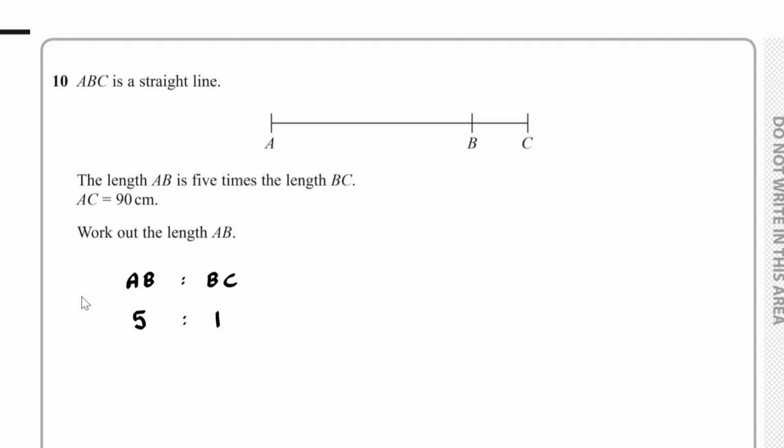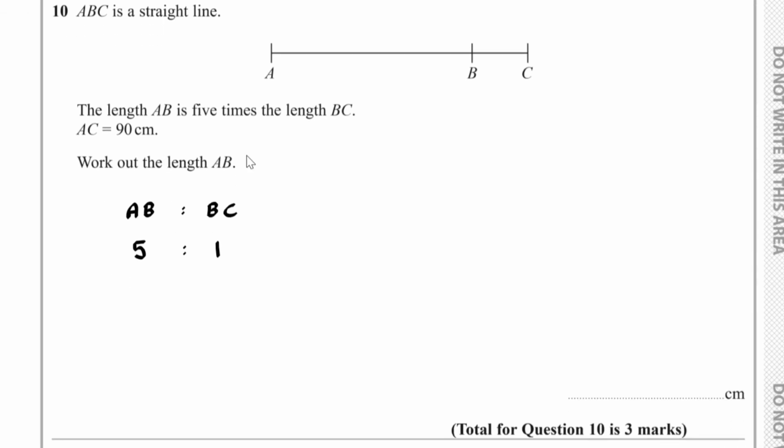And what we need to do is find out what AB is. Now in total, we've got 90 centimeters. So let's just move this here. Well, what we can do is draw a bar model.